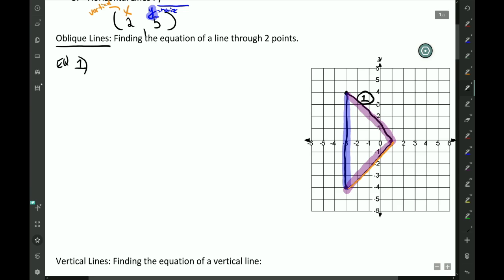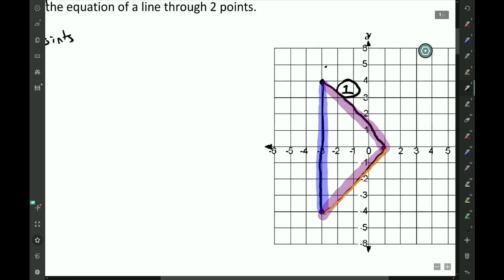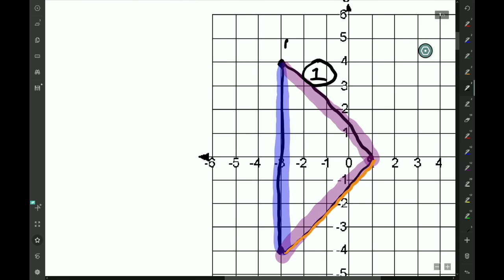First I'm going to recognize what points it goes through. So let's find the 2 points of that line. Well, this is -3 over and up 4. Again, over is your x, up is your y.